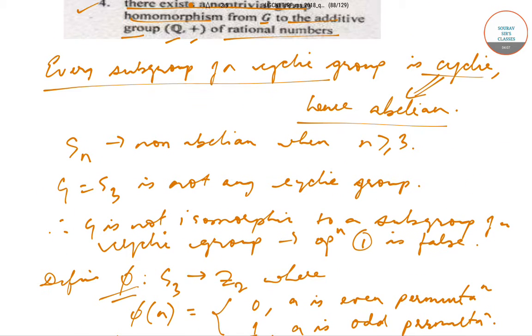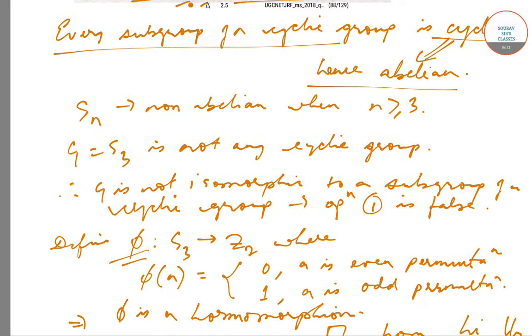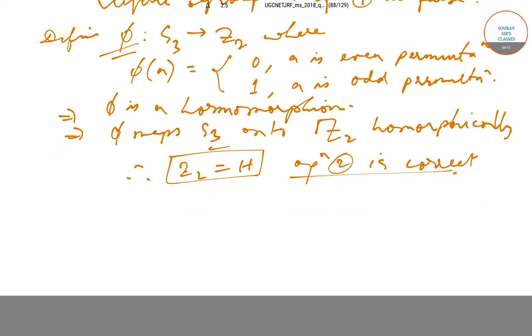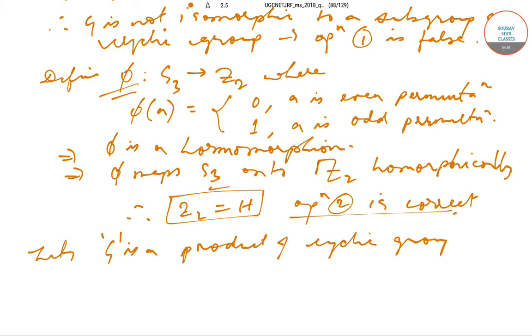In option 3, it has been said that G is a product of cyclic groups. Let us assume that G is a product of cyclic groups. Now if G is a product of cyclic groups, that implies that the product is also abelian.